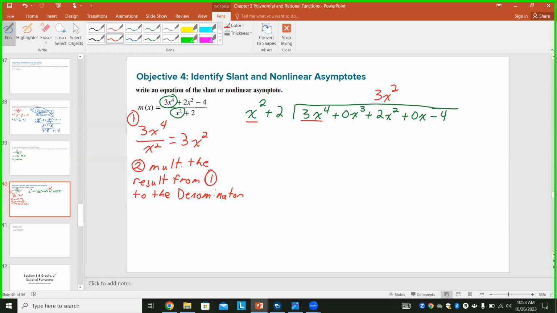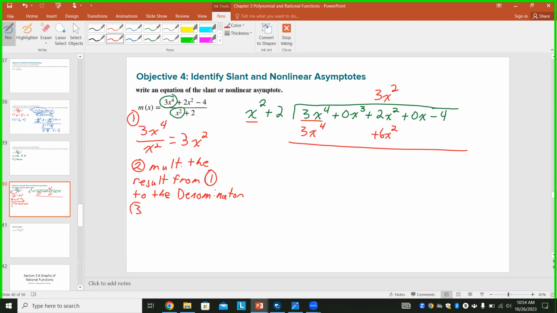So this whole thing is the denominator. I'm going to take 3x squared and multiply it to x squared. And what do I get? Good. So I write that right there, keeping my terms lined up, and that gives you 6x squared. You want to keep it nice and organized because this is where things can get lost.